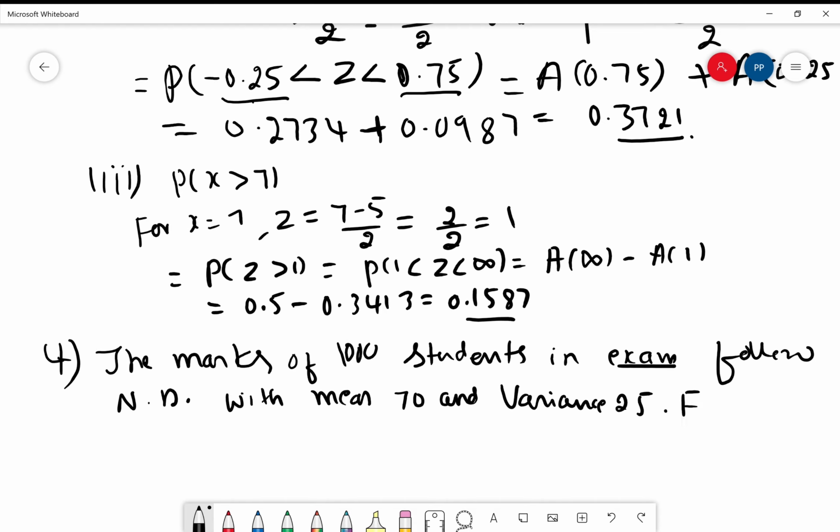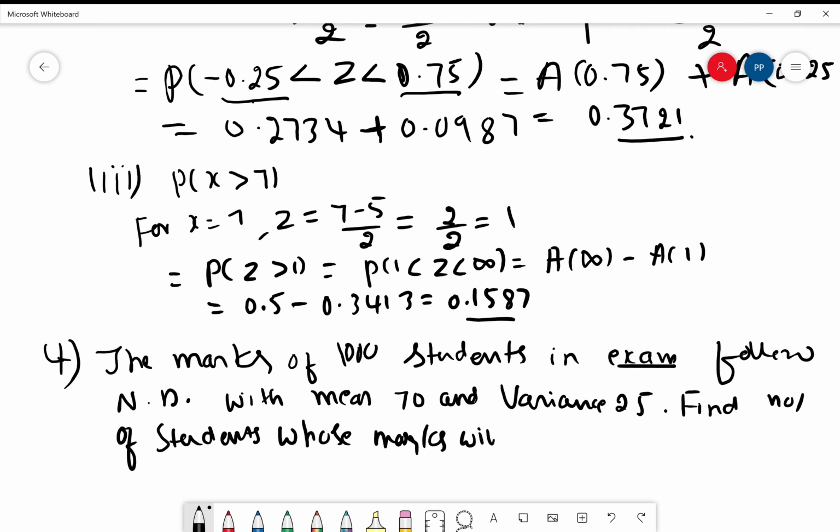Find the number of students whose marks will be: case number 1, less than 65.